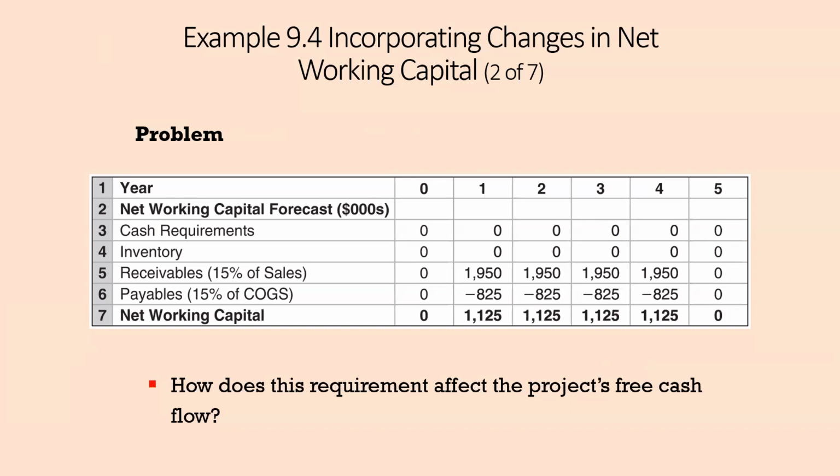For year 1 through 4, you see it at 1.950, but year 5 is at 0. Payables at 15% of COGS, cost of goods sold. Year 1 through 4 is a negative 825. Year 5 is 0. So the net working capital for year 1 through 4 is 1.125, or 1,125,000.